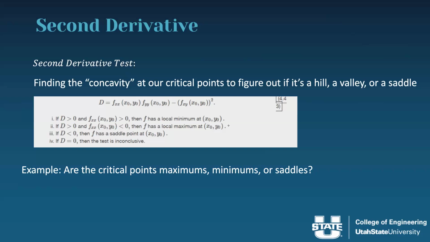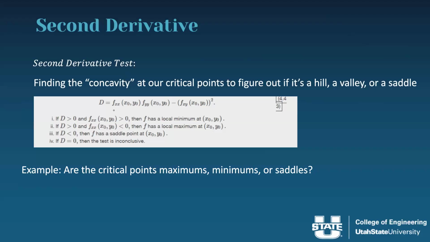Now, once we have our critical points, we want to figure out whether they're a maximum, a minimum, or a saddle, because those are 2 very different things when we're talking about what we want out of our functions. The way to do that is something called the second derivative test.